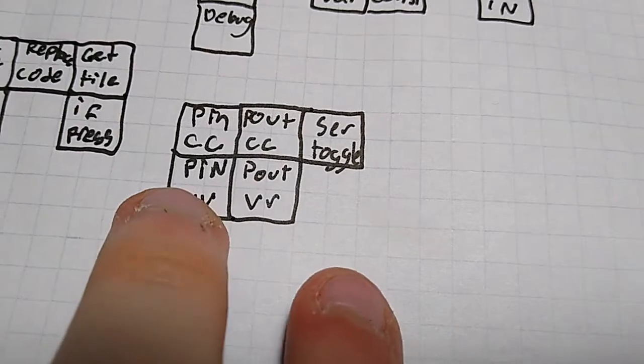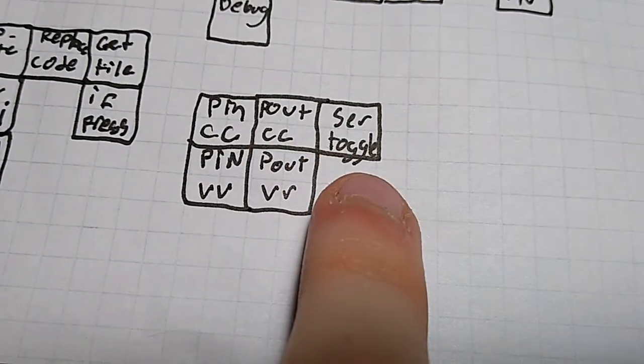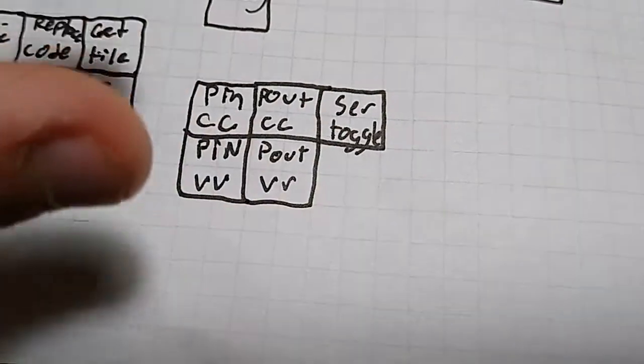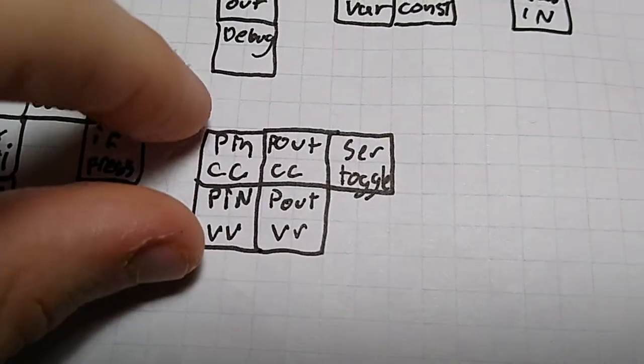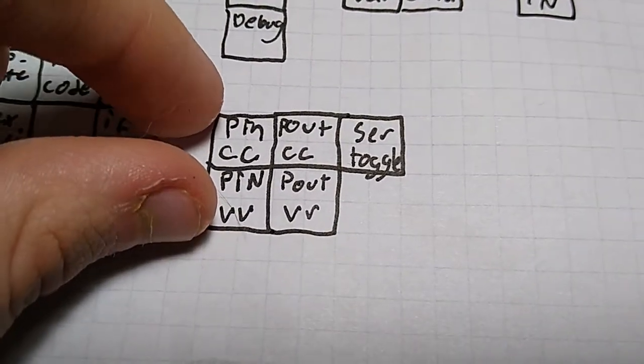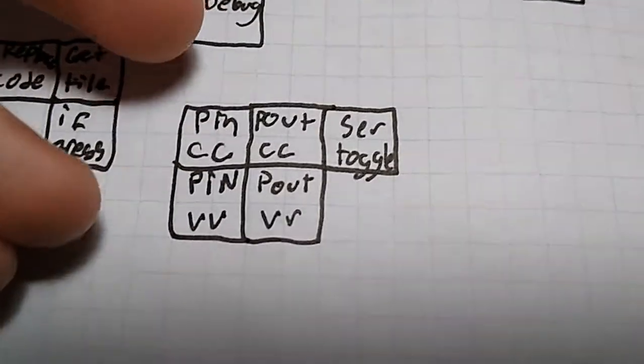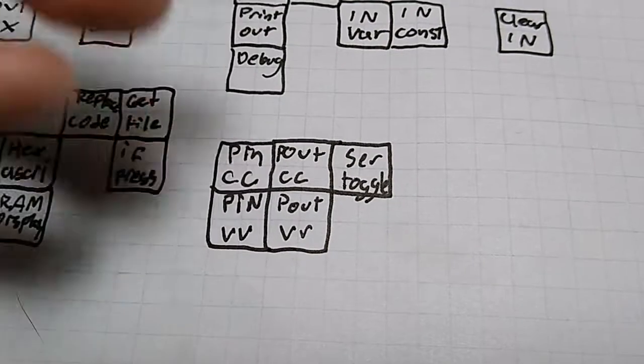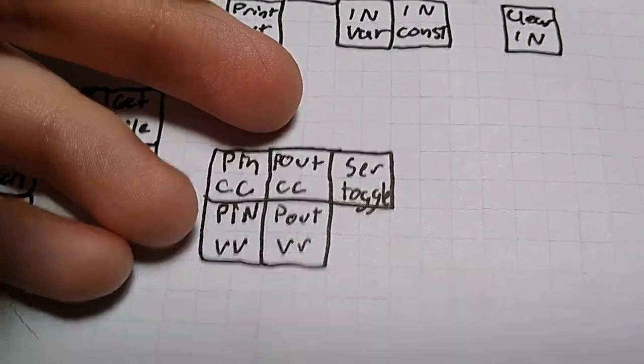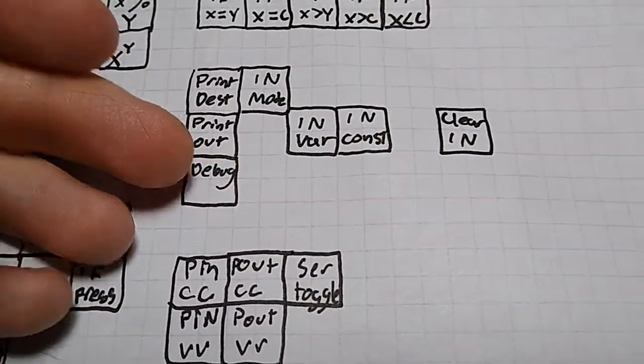And right here, finally, I have the pin in, pin out, serial toggle, and these basically allow you to control the individual pins of the Arduino instead of just relying on the parallel bus.